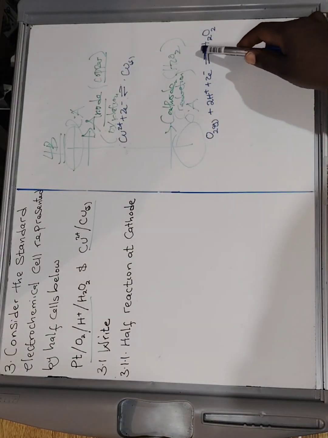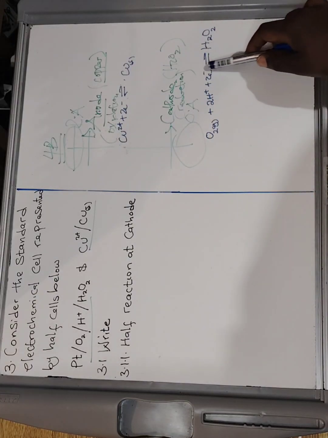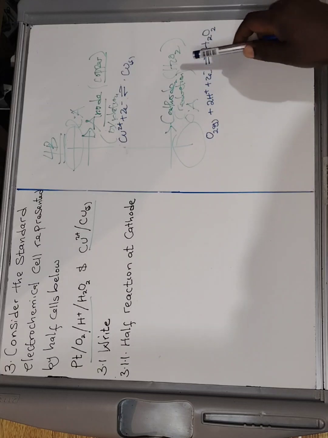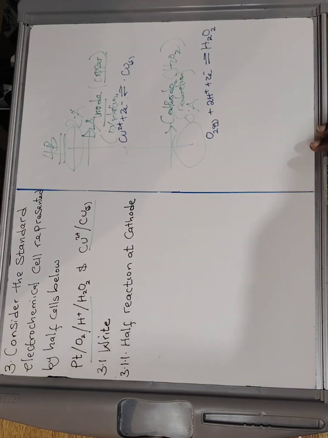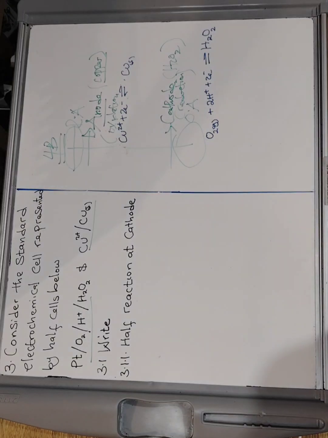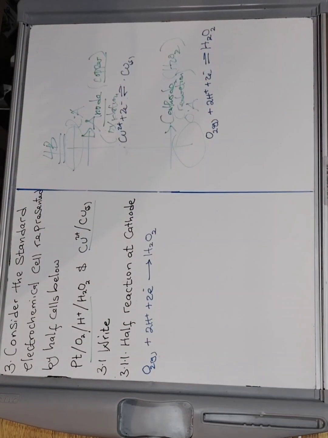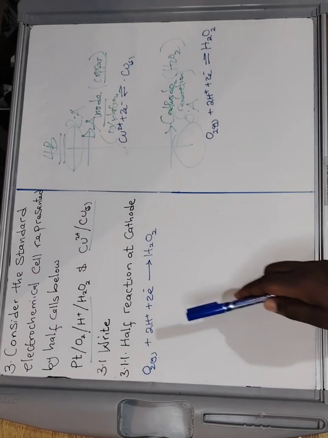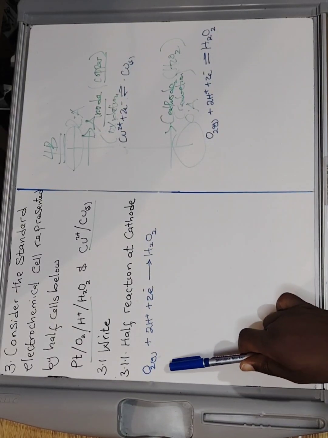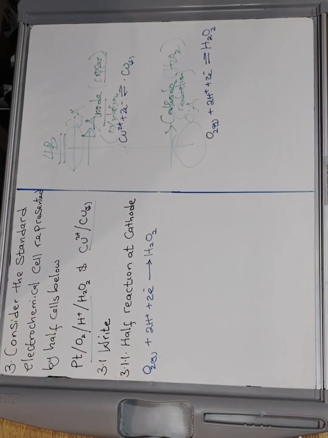The only thing you do is that you remove the reversible sign and put it in one direction. Let's do that. That is that. So the half reaction at cathode is this one. Let's go to the next question.